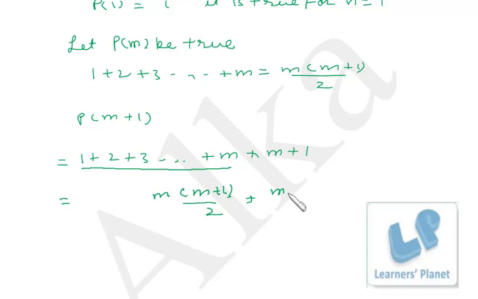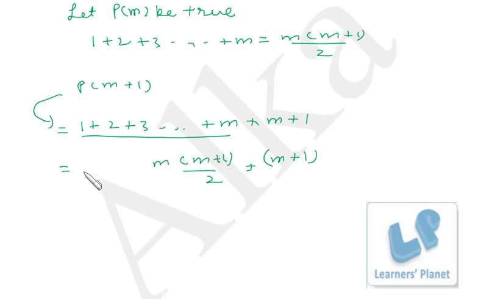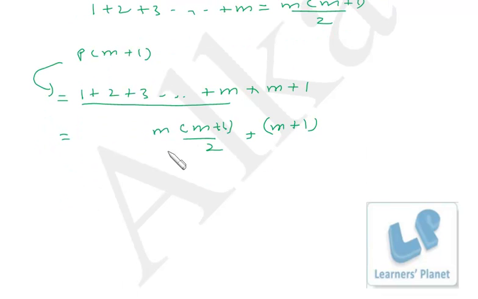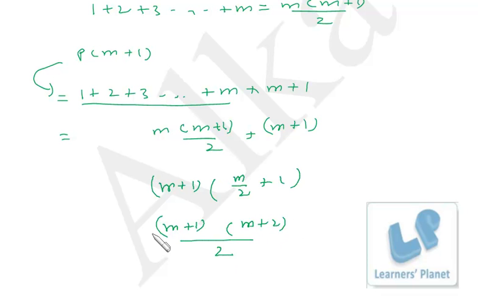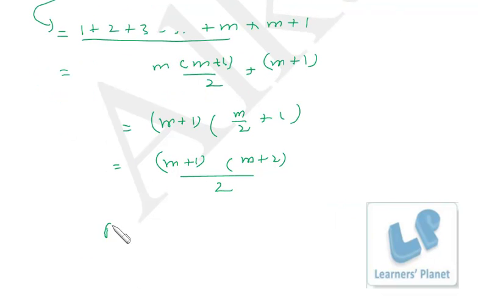Then we have m plus 1, that's actually Pm plus 1. So I can take m plus 1 as common, then I'll be left with m by 2 plus 1. So that is (m plus 1)(m plus 2) by 2. Now that means Pm plus 1 is true.